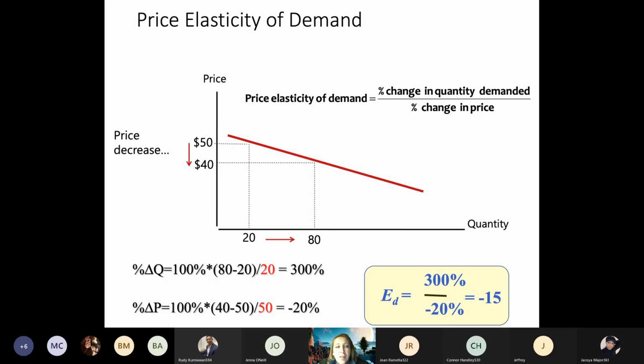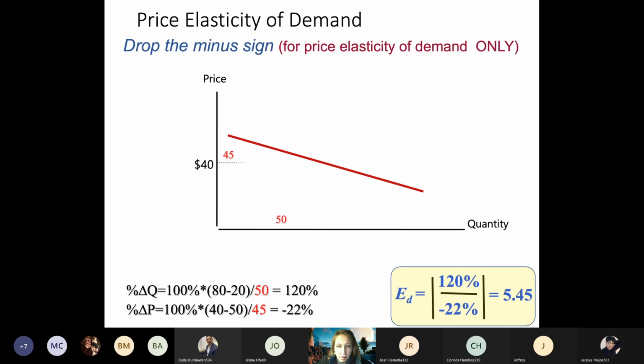And maybe in some situations it does make sense to compute it the way we did for a decrease or an increase in price. But it is more common to use a midpoint formula. So instead of dividing it by 20 or 50, we'll divide it by the middle of the 20 and 80.